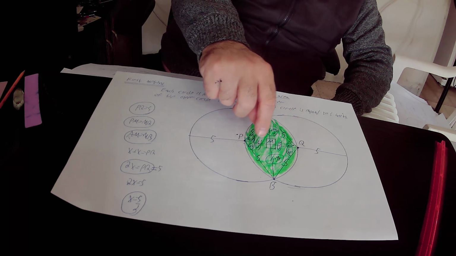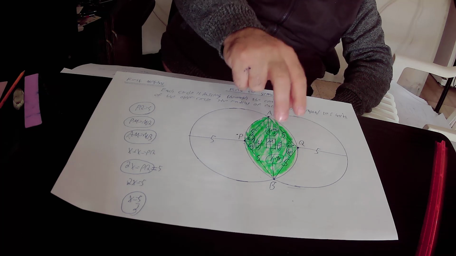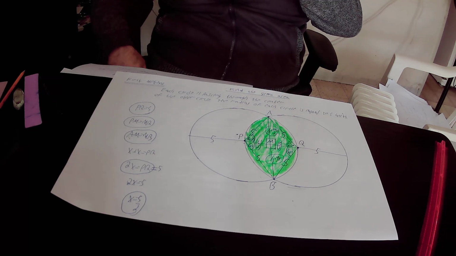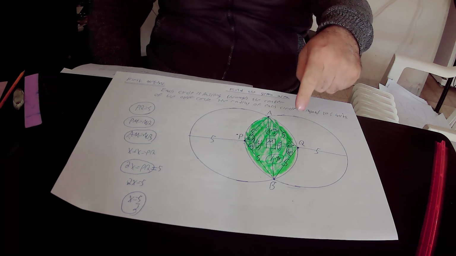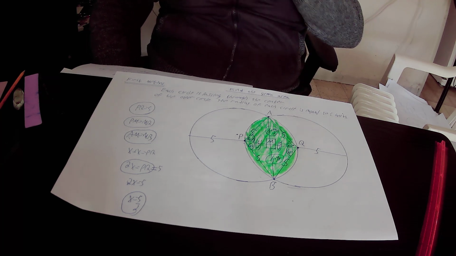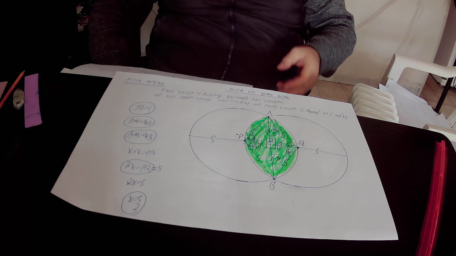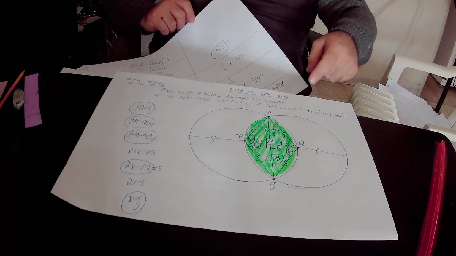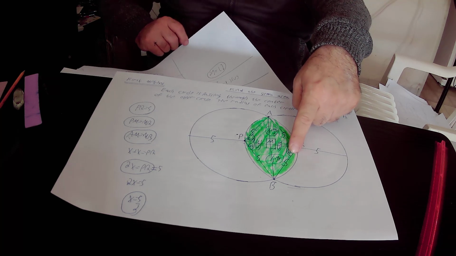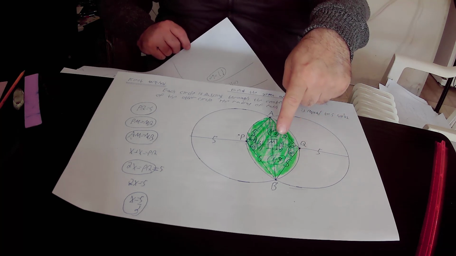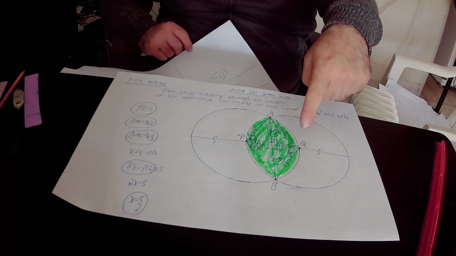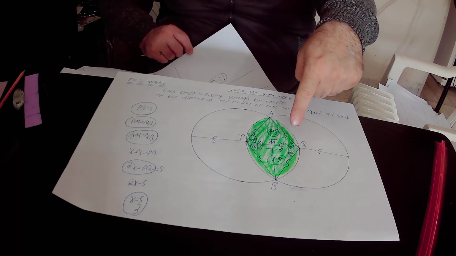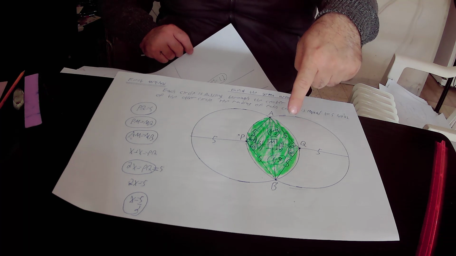The value of those four angles in each triangle is: cosine theta equals 5 over 2 over 5.